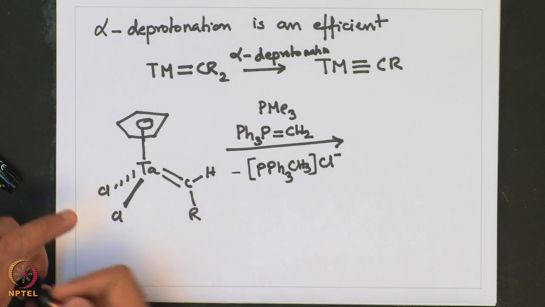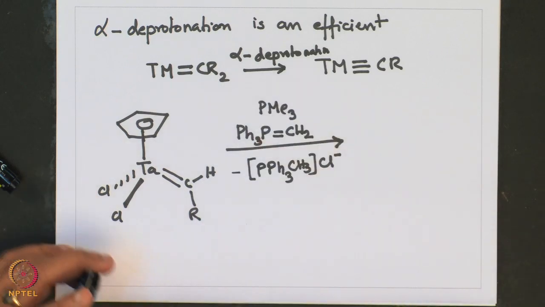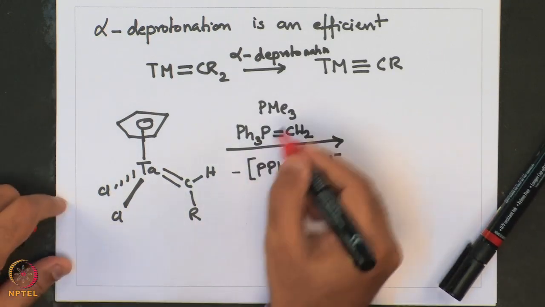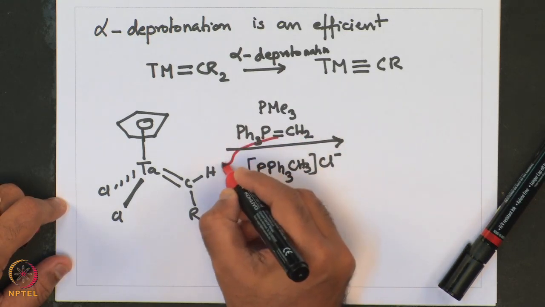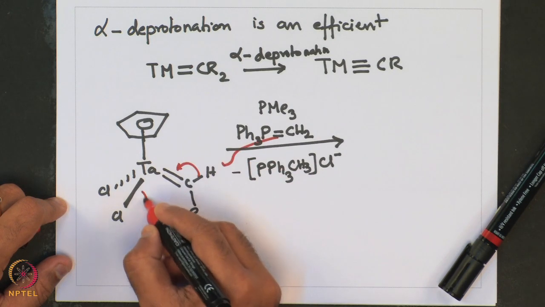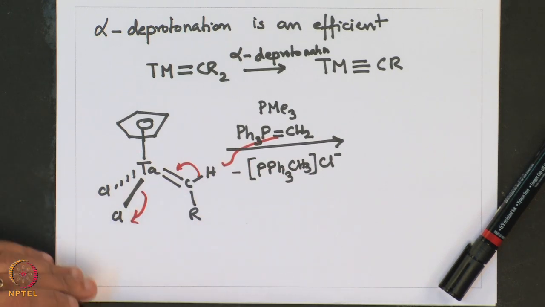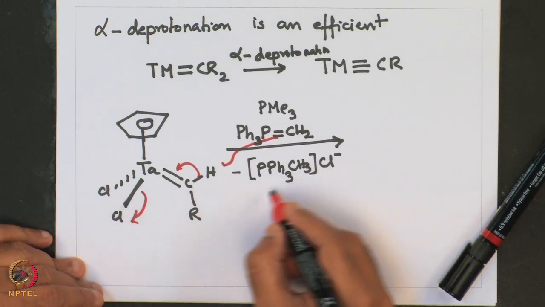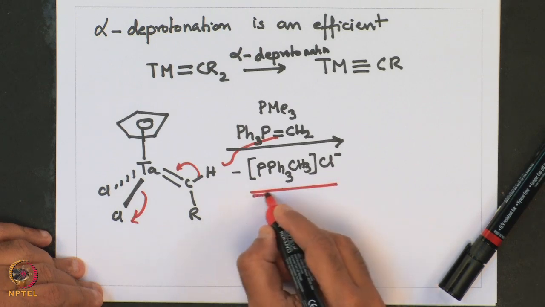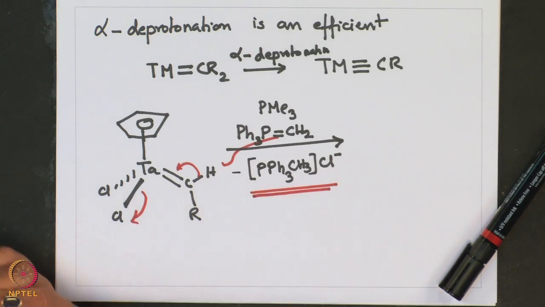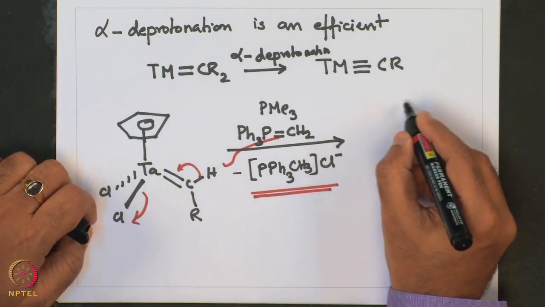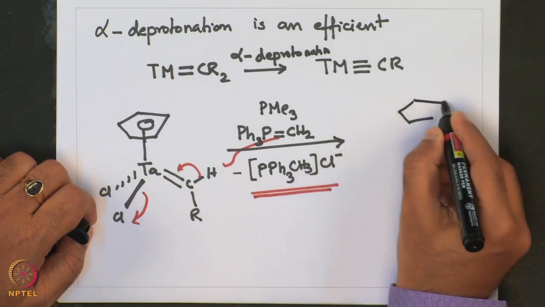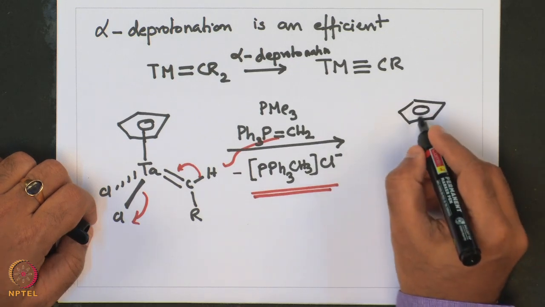So, basically this Ph3P=CH2 abstracts this proton with the elimination of the chloride to give this Ph3PCH3 chloride salt, and along with that the carbyne complex is formed as shown over here.